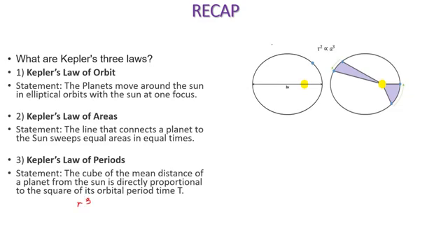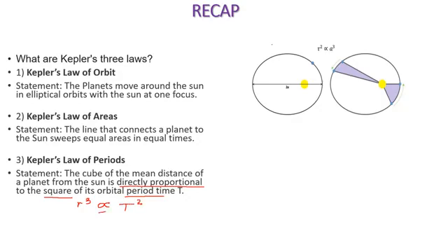It is proportional, so we use a proportional sign, to the square of its orbital time period. The orbital time period is denoted by T, and the square of T is T square.